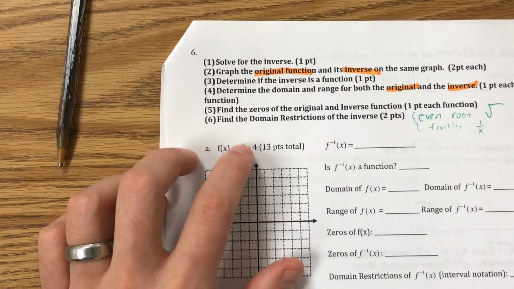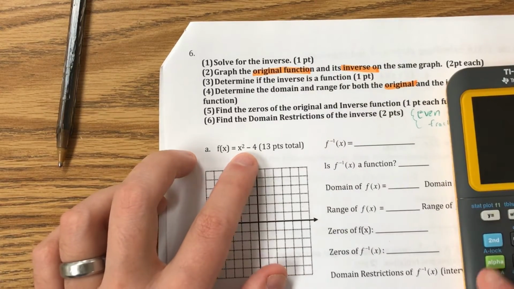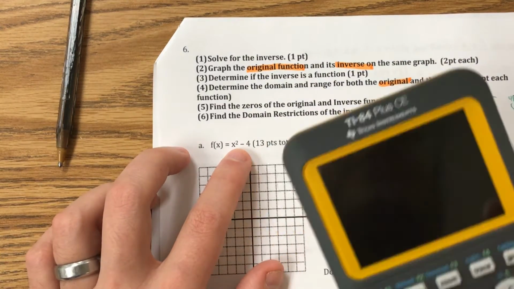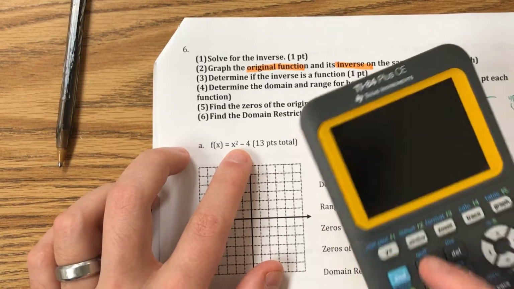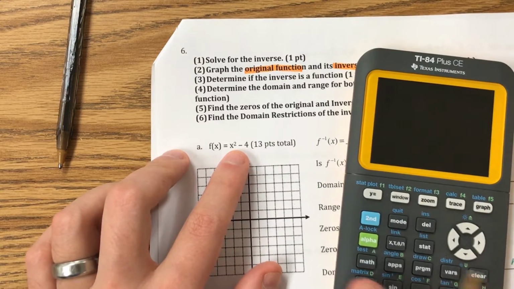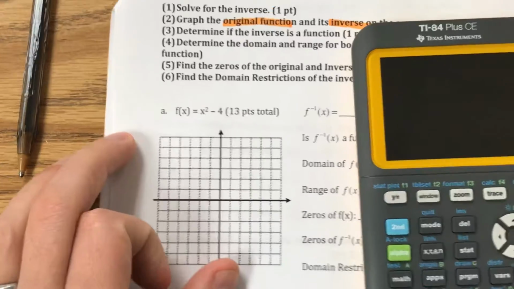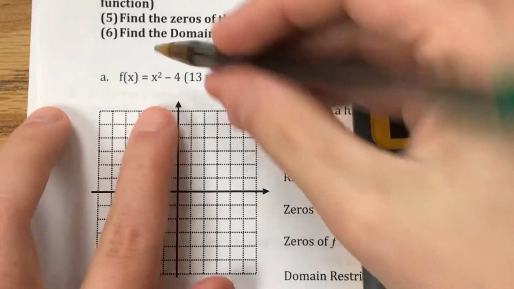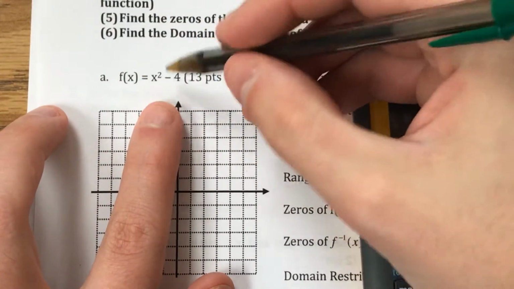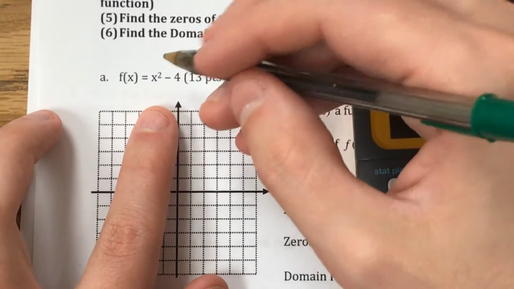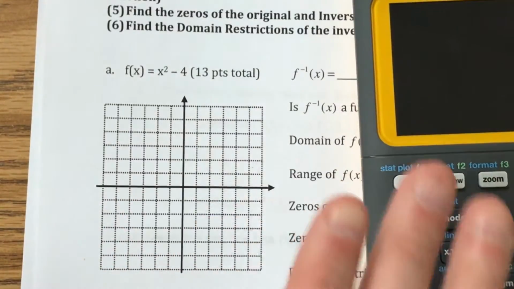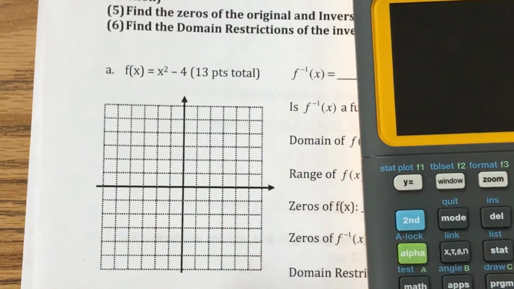So right here, x squared minus 4. I'll just double check in the calculator to make sure what I'm doing is correct, because I'm paranoid. But we have covered what this is going to look like. An x squared is called a quadratic, and a quadratic is a U-shape. It goes like that.